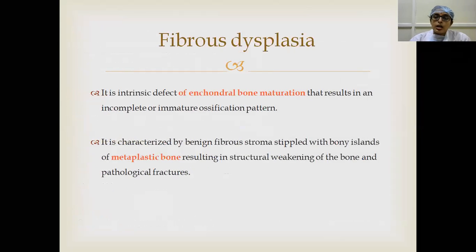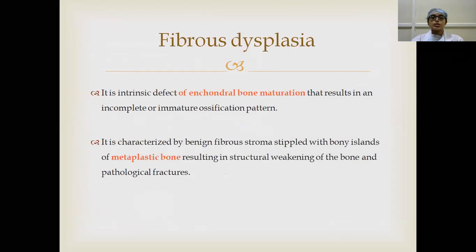Now coming to the third benign cystic lesion of the bone which we are going to discuss, it is fibrous dysplasia. It is nothing but an intrinsic defect of enchondral bone maturation. It results in incomplete or immature ossification patterns.